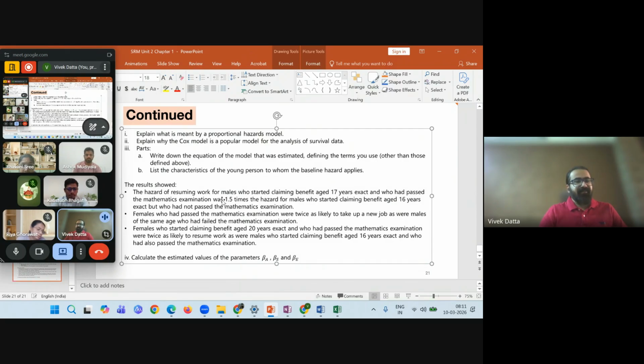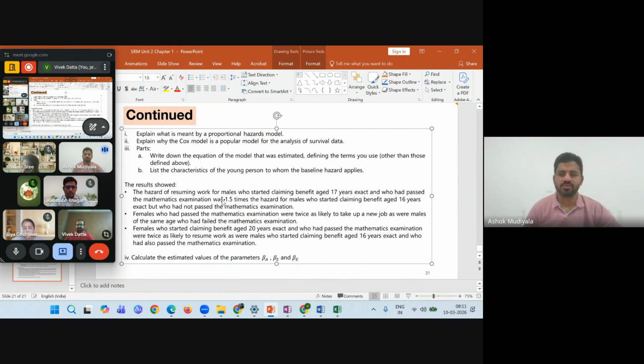Indirectly it is success, but it is called failure, hazard. So the hazard of resuming work: the older you are, the higher the hazard is increasing here. The older you are, the higher the chances of you resuming work from a beta A perspective. If you're younger, there is less chance.